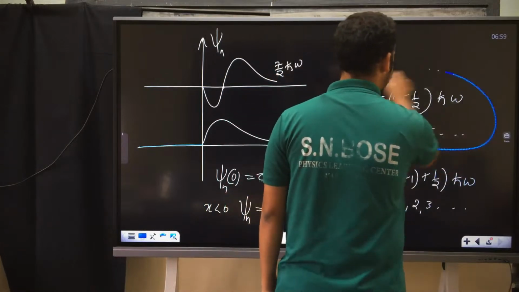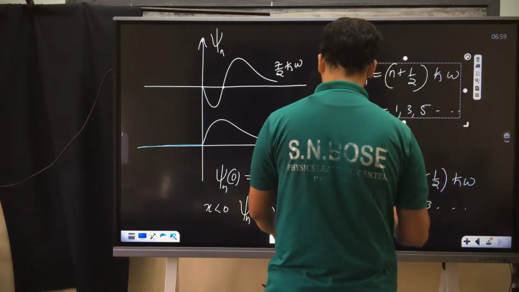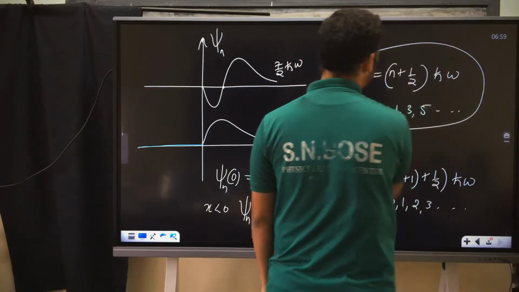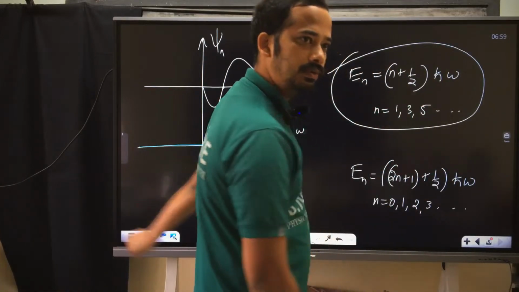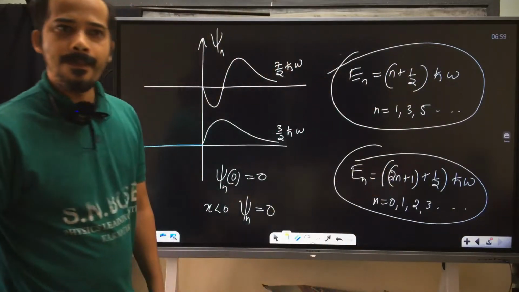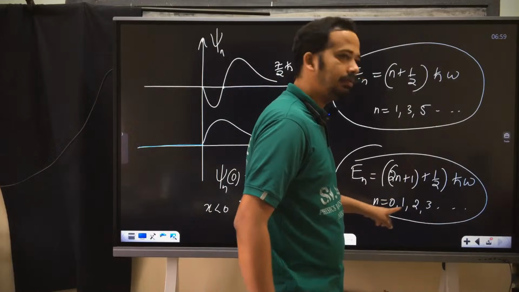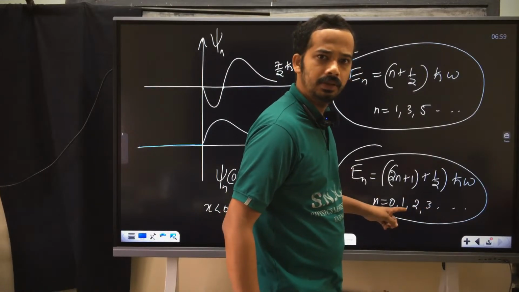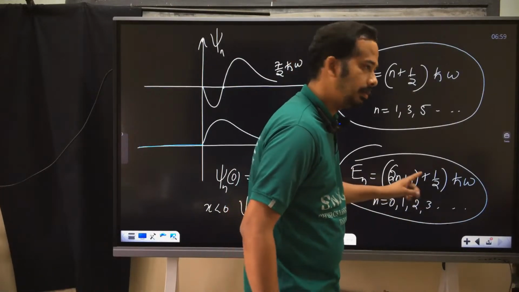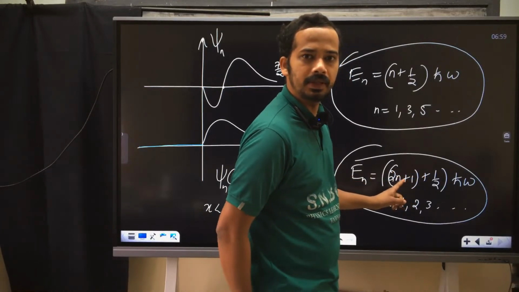Either you quote n equal to 1, 3, 5, or if you want to run n from 0, you write 2n plus 1. What do you say? Or you can make 2n minus 1 also, but start n with 1. Am I right? 2n minus 1 is also an odd number, but don't make it negative.